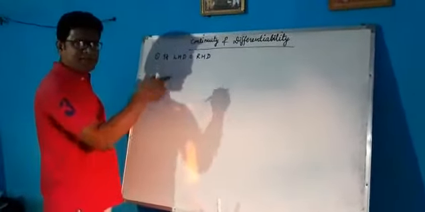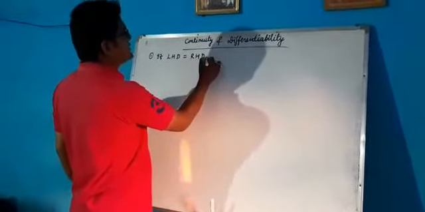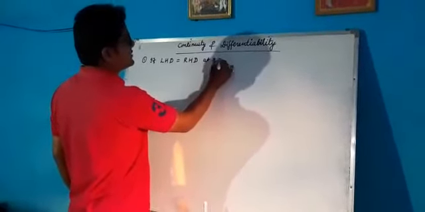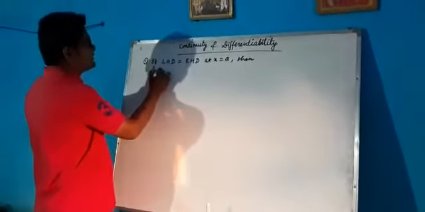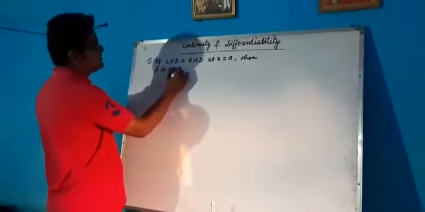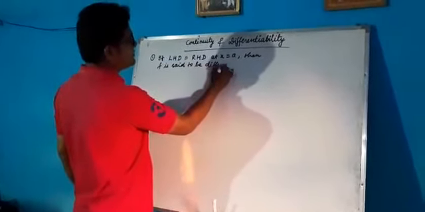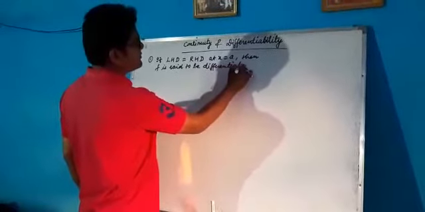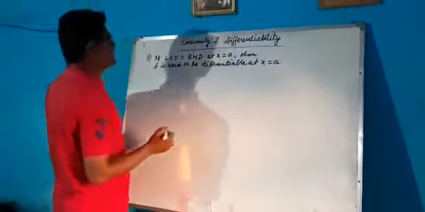Now I will explain what is left hand derivative, what is right hand derivative. If left hand derivative is equal to right hand derivative at x equal to a, then f is said to be differentiable at x equal to a.